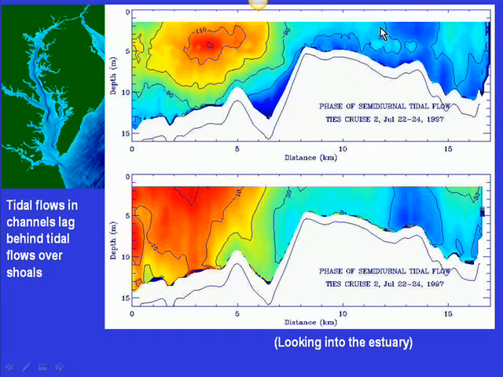So in the areas of darkest blue, the tide changes earlier than in the other areas. How much earlier? Well, here we have 40, 30, 20, 10, 0. So it's a 40 degree phase lag between this area and the surface here.